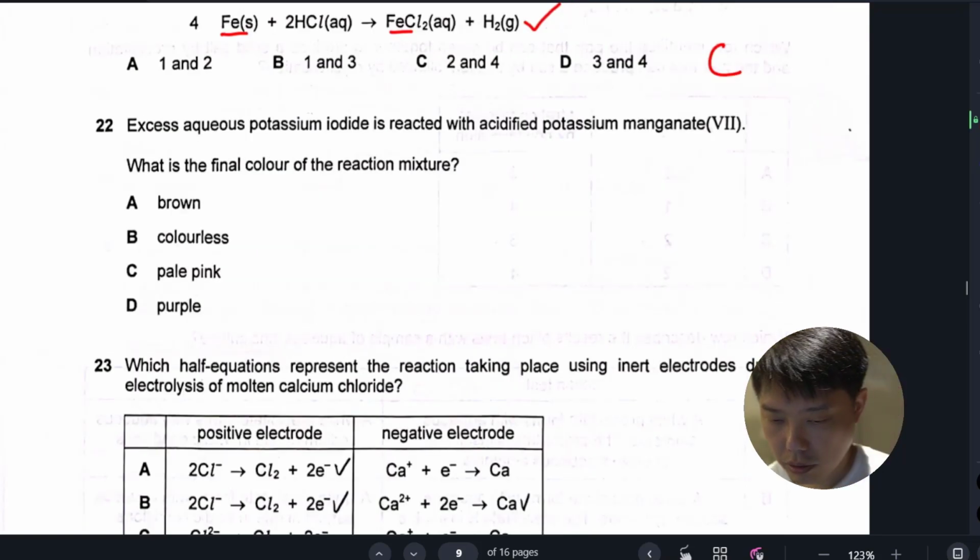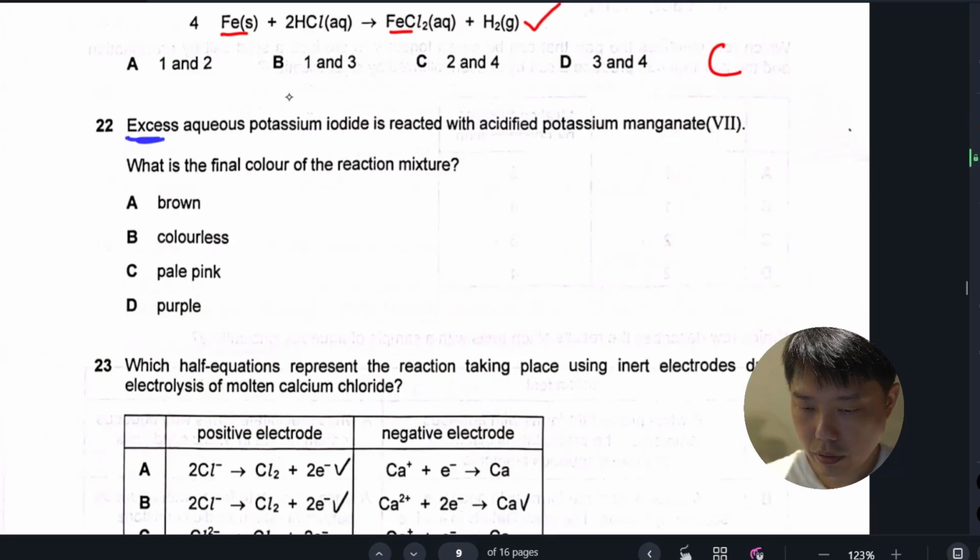All right, so let's look at question 22, sorry. Excess KI is reacted with acidified KMnO4. What is the final color? So the keyword here is we have excess of your I minus. Nobody cares about the potassium. It's being oxidized to brown I2.